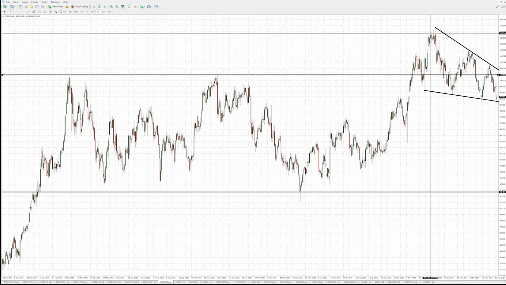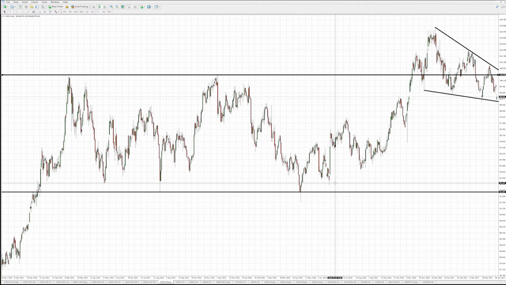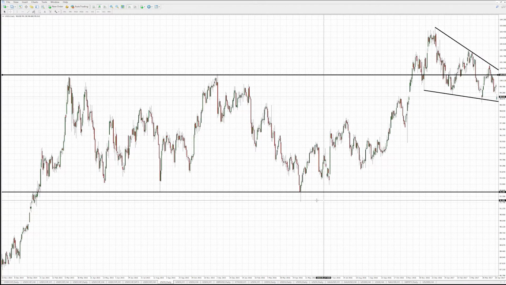However, because you had resistance at this location where this trend line was being created, you now have this like descending flag or this wedge, and these are normally continuation patterns.